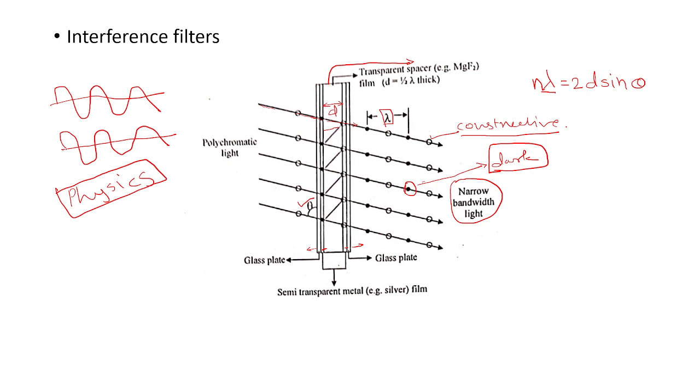All the points match: the starting point, the peak point, all are matched. So when they mix, their energies work in the same direction, and the mixing of these two will produce a wave with the same wavelength but more intensity.